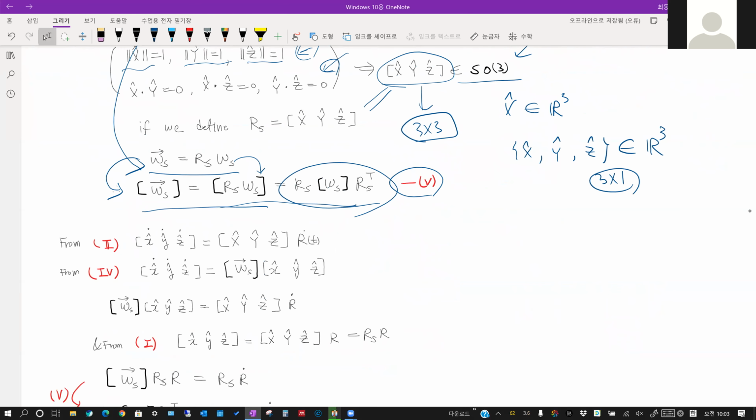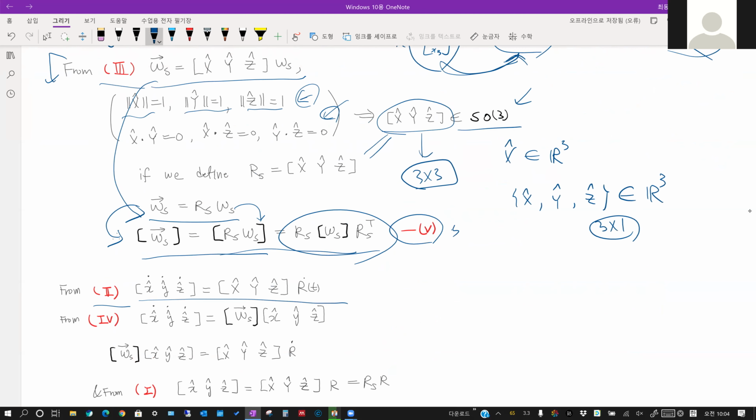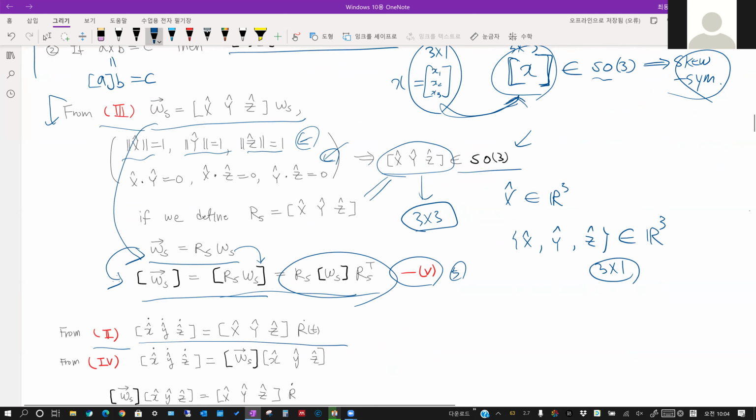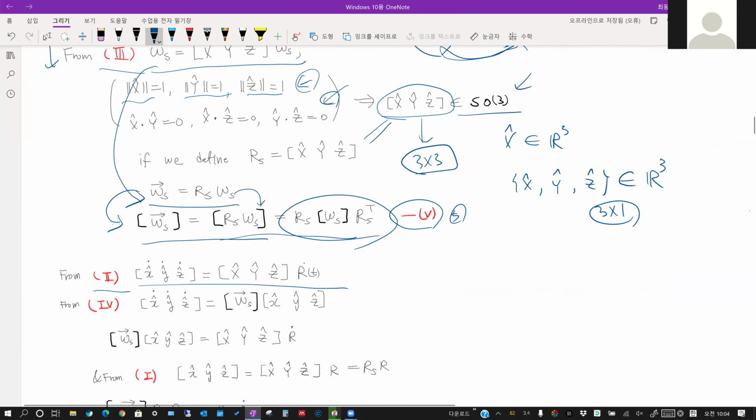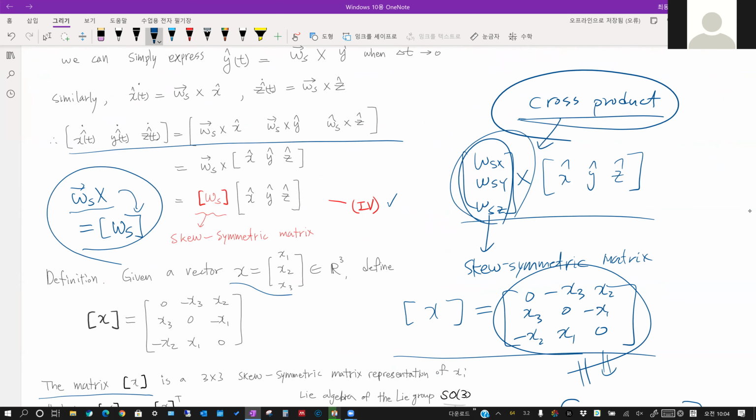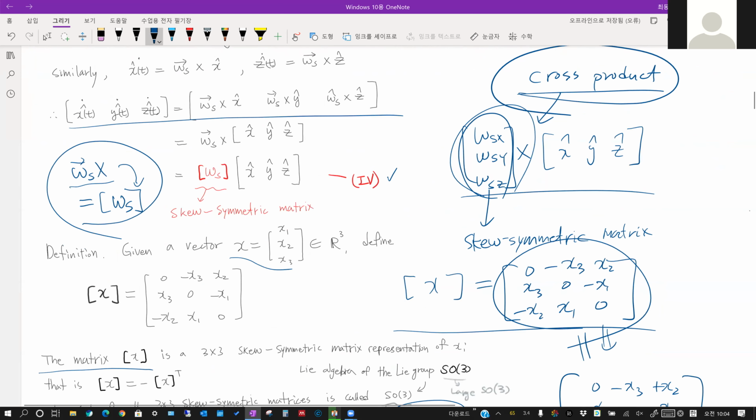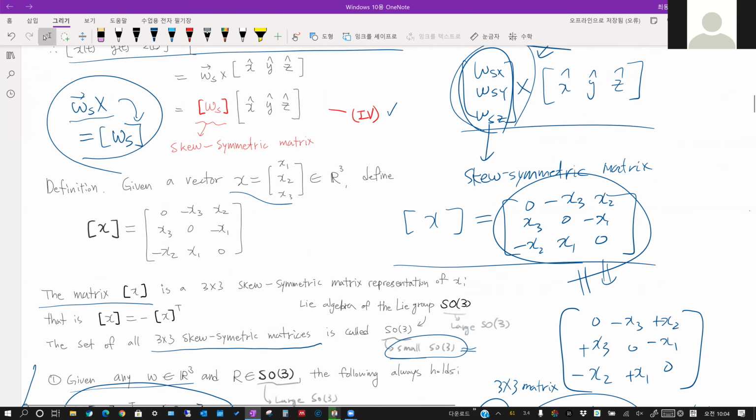And from the second equation, this one is the fifth equation. So let's rewrite it together.